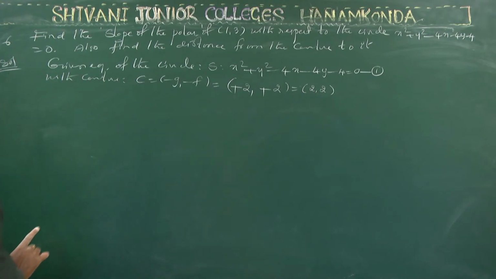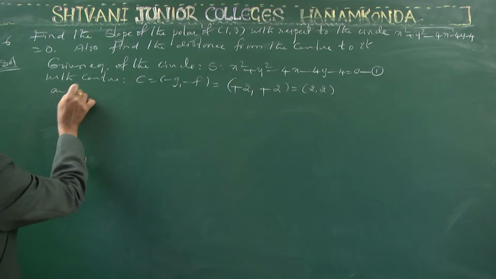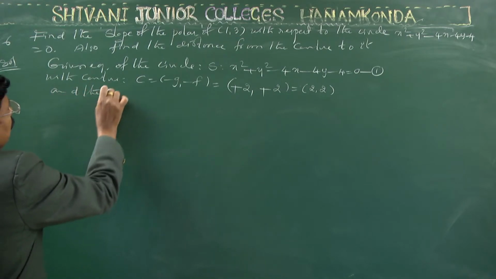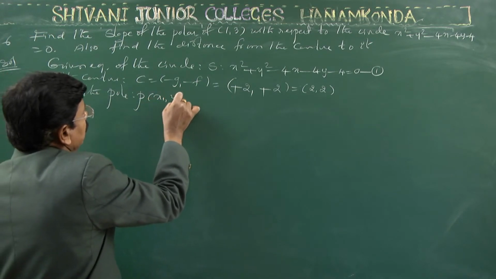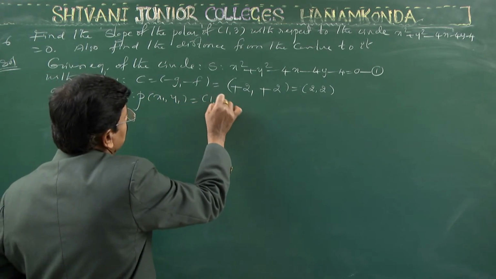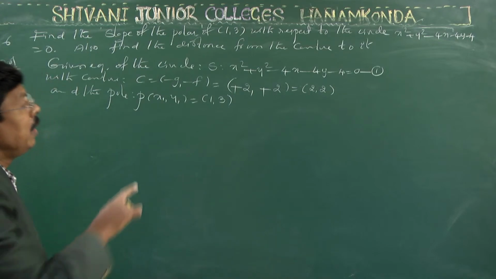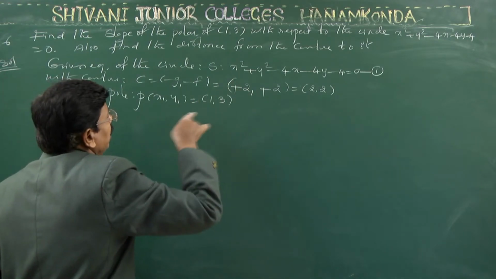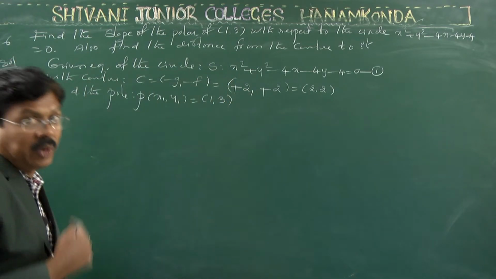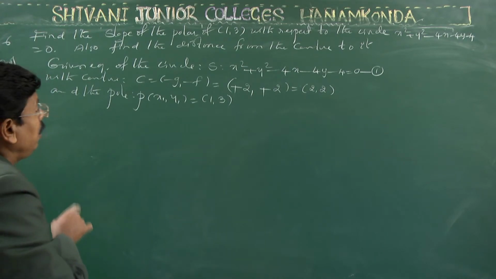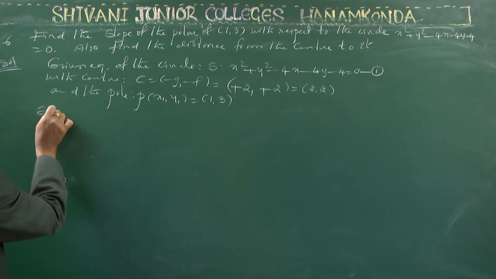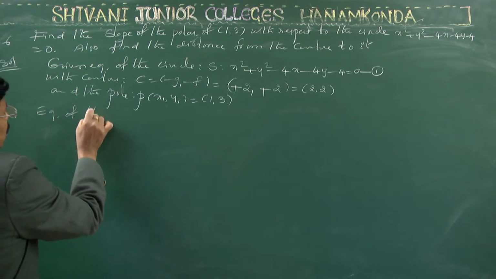Fine. Next, the point given, the pole. The pole P(x1, y1) is (1, 3). These are the given particulars of the problem. Next, one by one, again it comes back to the related theory part, the equation of the polar.